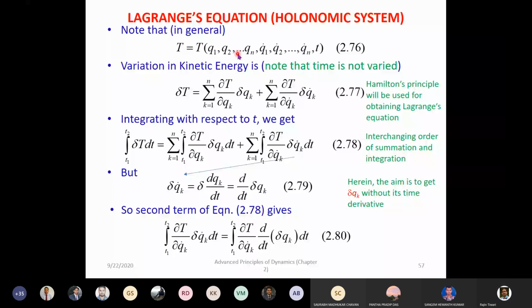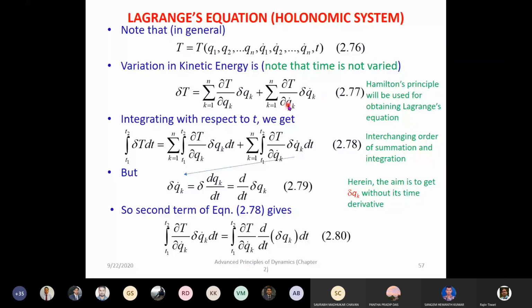So if we take the variation of the kinetic energy, the variation of the displacement terms will be coming. It's similar to the total derivative expression. So we'll be having n terms for the variation of the displacement and n terms for the variation of the velocity here. Time variation is not defined, so that term will not come in this particular expression.